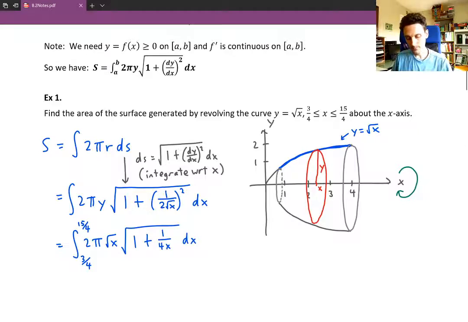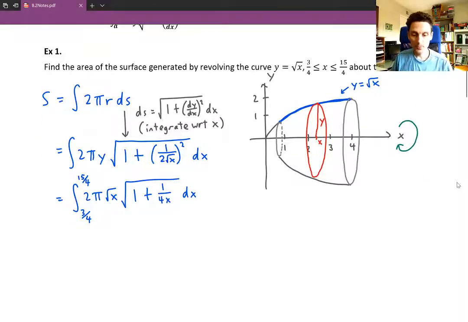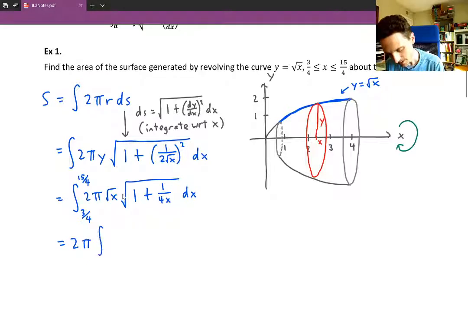Okay, so that's looking pretty good. That's the setup. From here we can continue on, and I'm going to do so because there's some interesting stuff going on. And how would we find the antiderivative here? Well, first we can pull out the 2 pi, get that out of the way. And the next thing we can do is, because we have a radical times a radical, we can multiply the insides of the radical together.